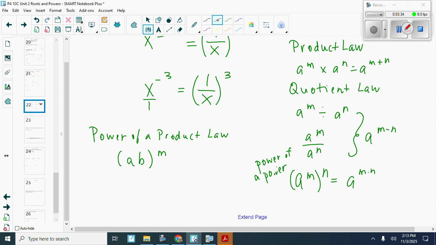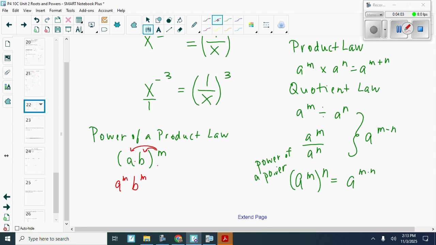This means that when you have things that are being multiplied together in here, make sure that everything inside of the brackets gets the exponent value. So the A would get the exponent, and the B would get the exponent. If you had a coefficient, a number, the number would also get the exponent too.